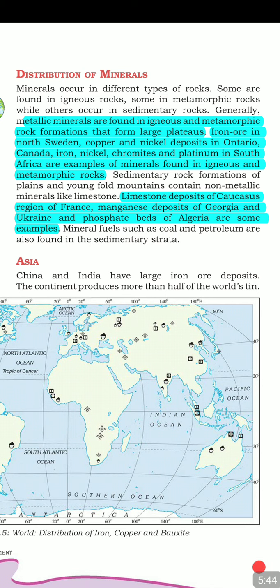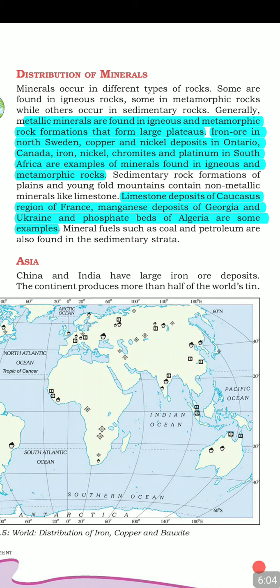And again, some of the igneous and metamorphic plateau regions where the metallic minerals are found very commonly. Some examples include the Ontario belt above the Great Lakes region in Canada. Next we have South Africa.